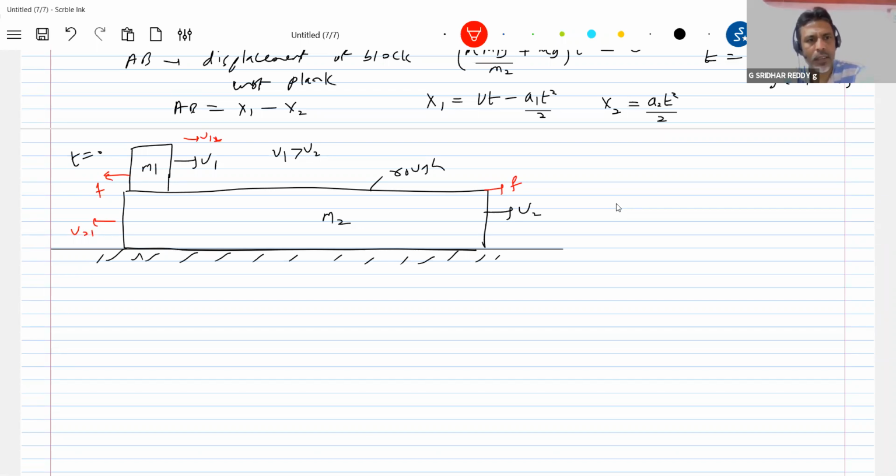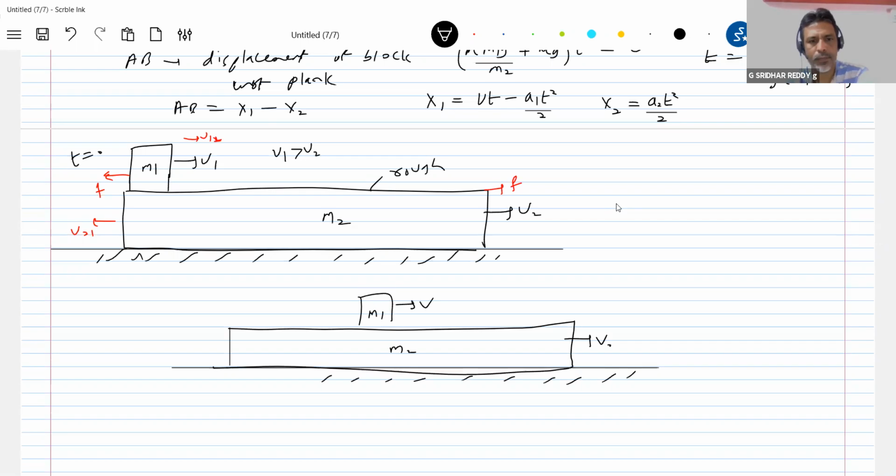Then after some time, we get the position of the block. Both will have a common velocity after some time t. Because it's not only that I can give velocity to one. No, sir. Like if u1 is less than u2, what conditions will arise? The direction of friction will change.